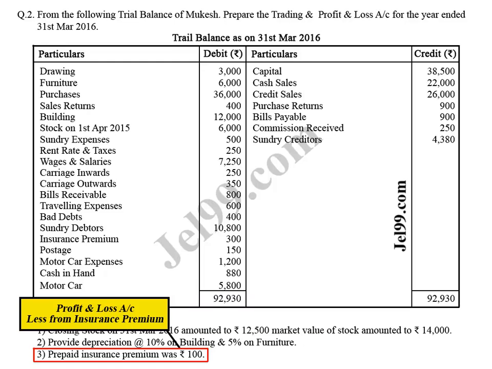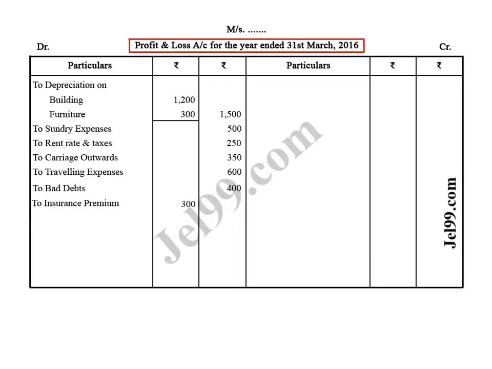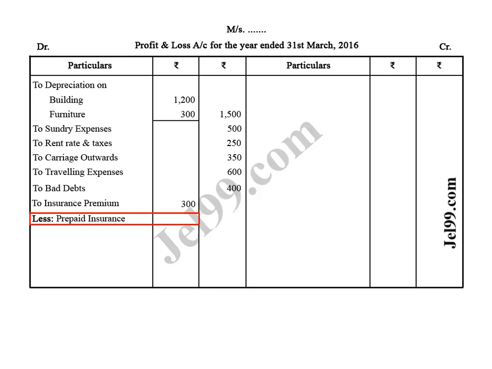Let's see its first effect. Profit and loss account, debit side, under insurance premium as less prepaid insurance of rupees 100, so 300 minus 100 is equal to 200. Prepaid insurance is an advance payment of insurance.